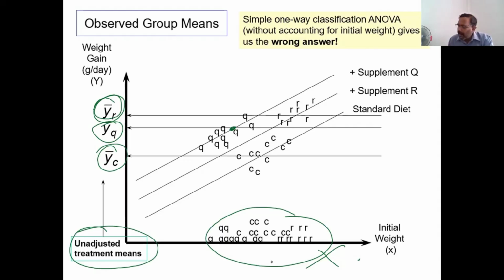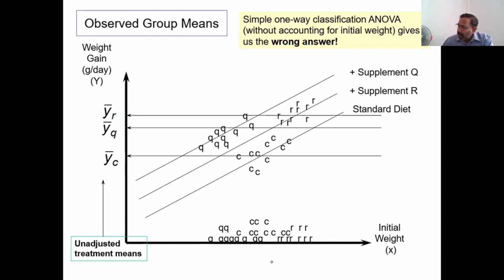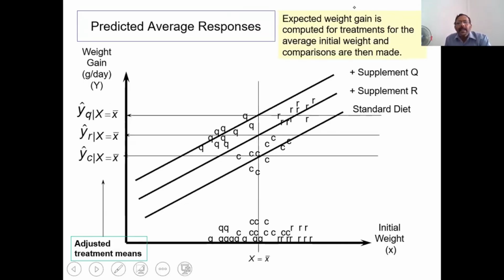We already said the initial weight is a main factor which has to be considered. So here you can see a simple one-way classification of ANOVA will lead to a wrong answer without accounting for the initial weight, because there are different initial weights. So how can we adjust this? How can we correct this? These are uncorrected means. Now we can correct it, as I said earlier.